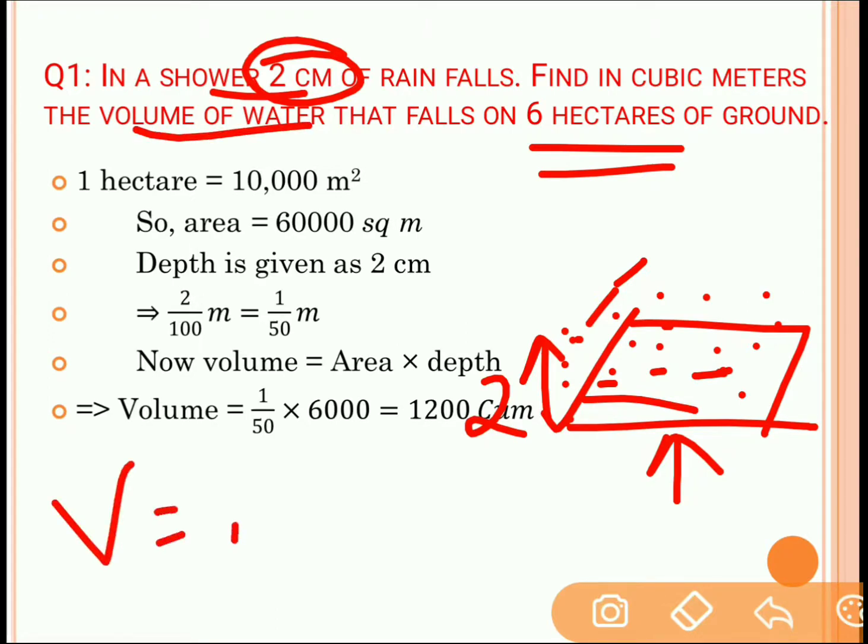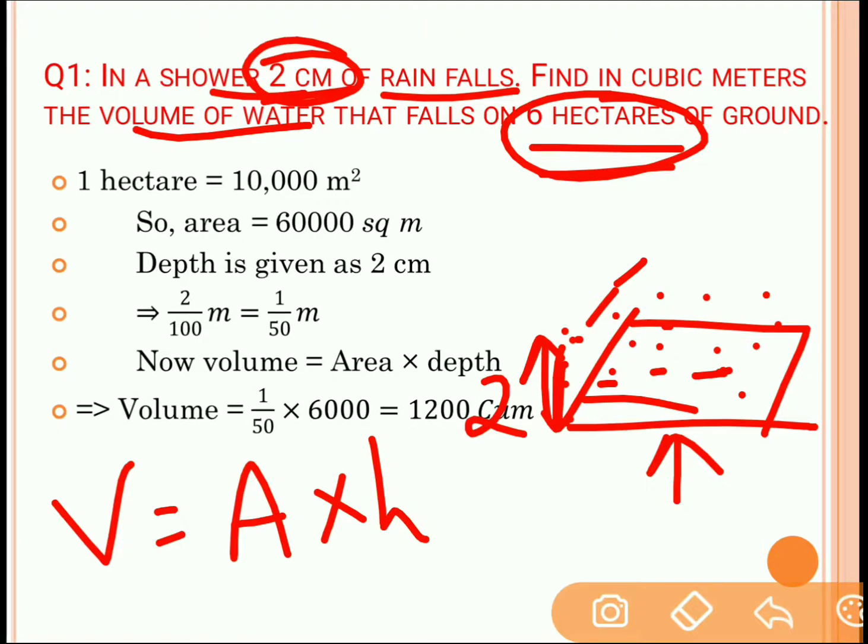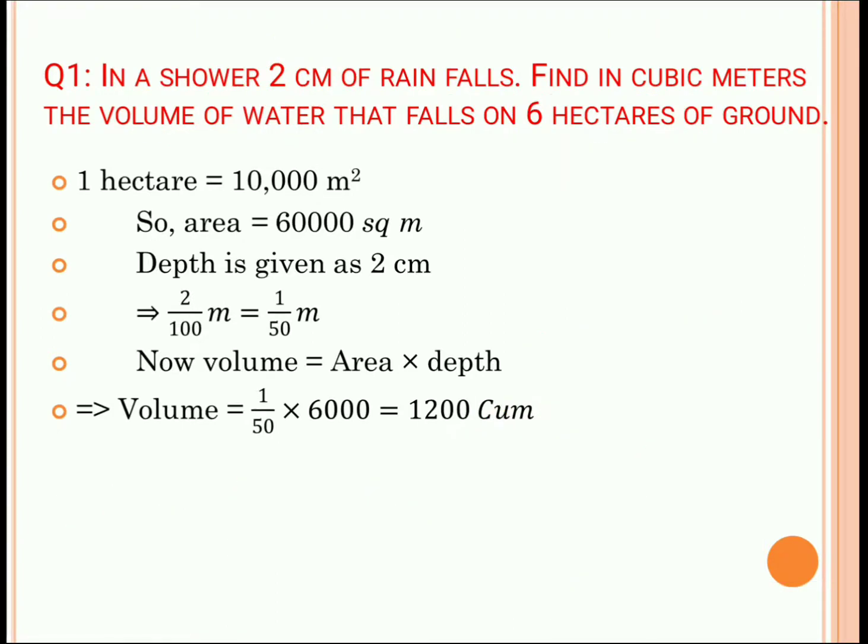Volume is equal to area into height. Over here, the height of the rainfall is 2 centimeter and the area of the ground is given, which is 6 hectare. So area is 6 hectare, that is equal to 60,000 meter square. Now depth is given as 2 centimeter.